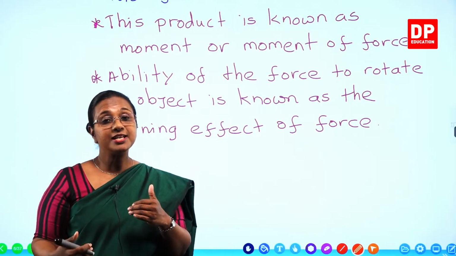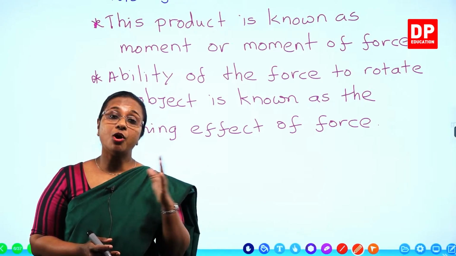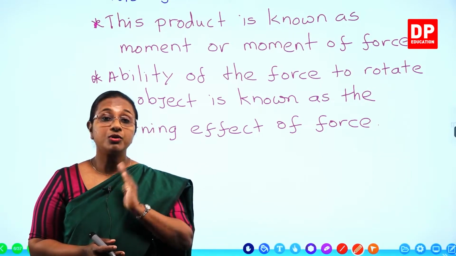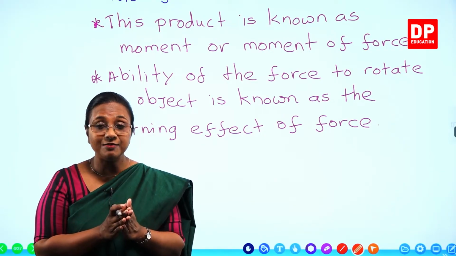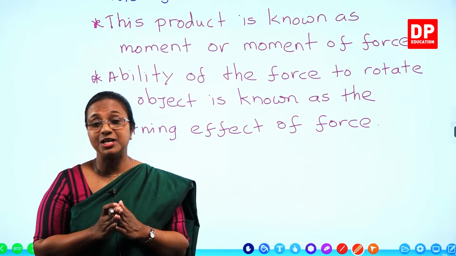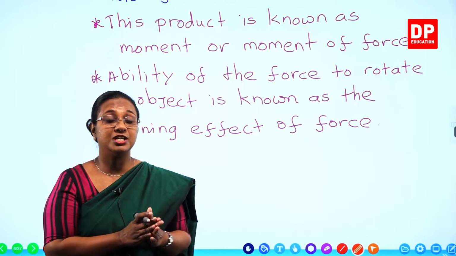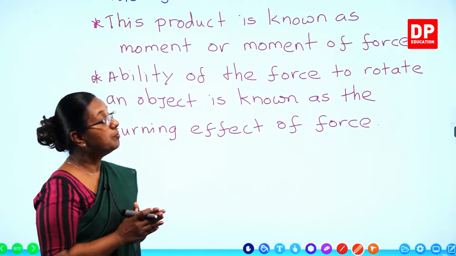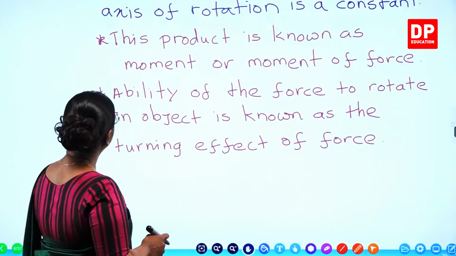So if there is an axis of rotation, if you apply force and if you make the object turn or rotate, then that product between the applied force and the perpendicular distance between the point of application of force and the rotational axis, or axis of rotation, is what we call as the moment or moment of force. If I read that again.